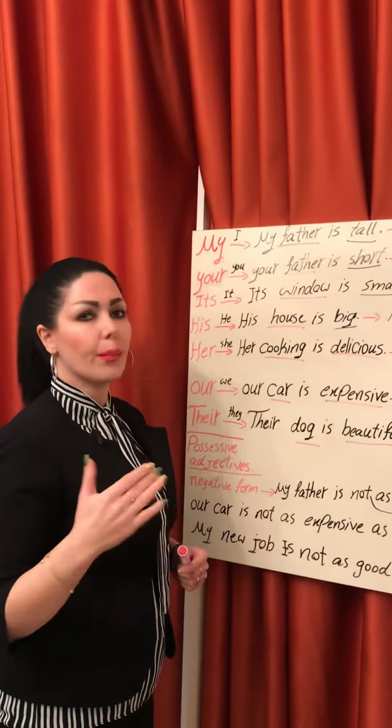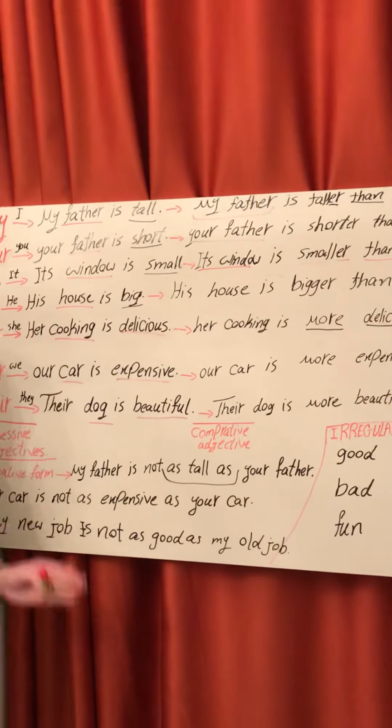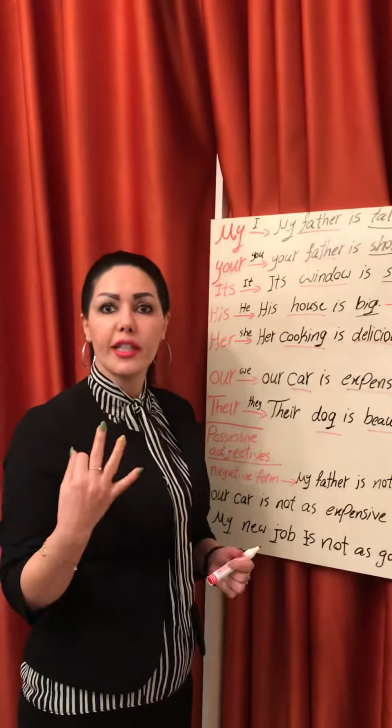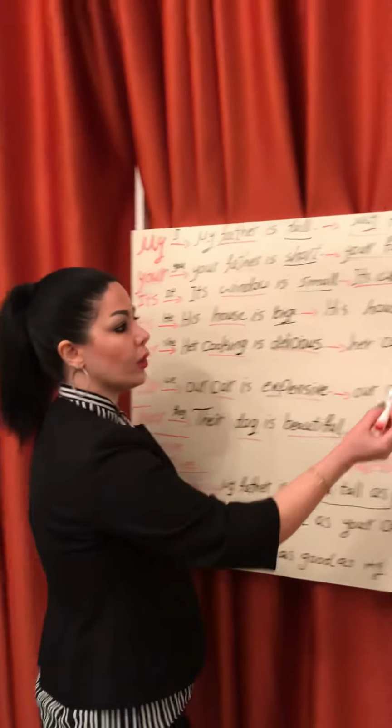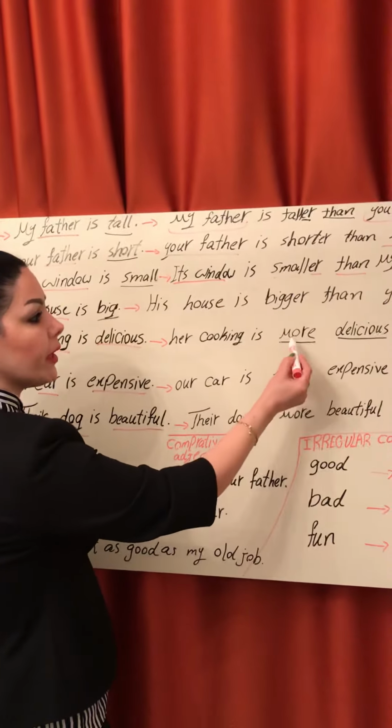But here, delicious has three syllables. So we don't use er, we use more before the adjective. More delicious than. Her cooking is more delicious than your cooking.